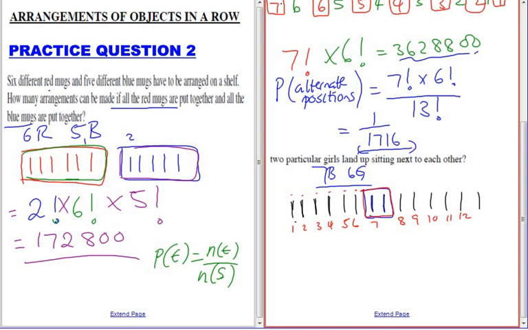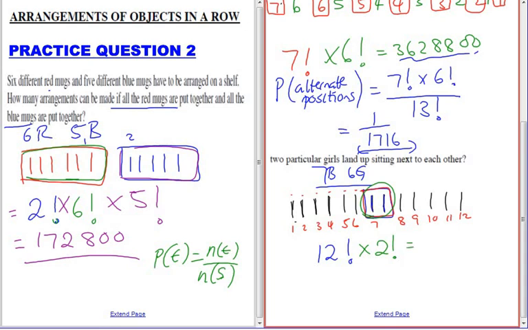Okay, so I put 1 extra person over there. So I believe you are noticing that now we have 12 objects to arrange. We also now have to take into consideration these 2. So you have to say 12 factorial multiplied by 2 factorial. Okay, that will be our solution right here.